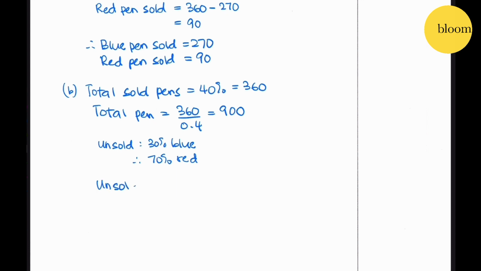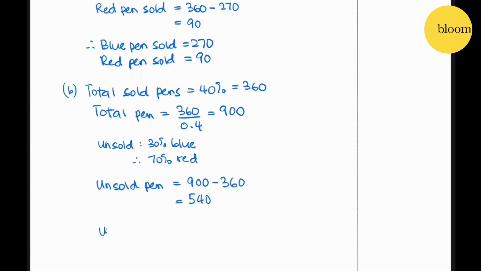Unsold pens equals 900 minus 360 equals 540 pens.